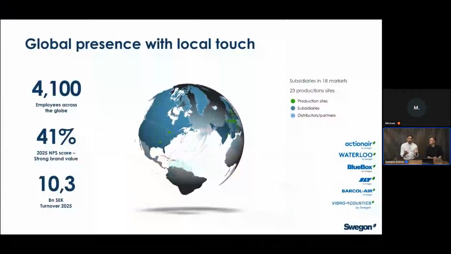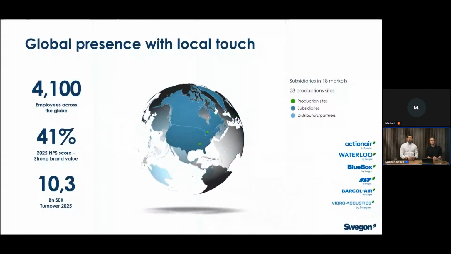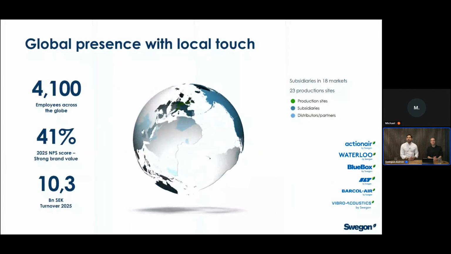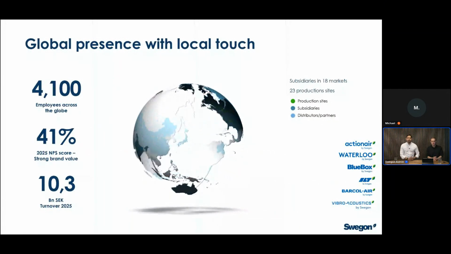Let's start with a little bit about Swegon for the audience, just so that everyone who might not know Swegon as a company does. So we'll start with a very short introduction. As well as the Swegon brand itself, within the group we also have lots of other brands to the right-hand side. You may recognize them as local brands in the areas you work.